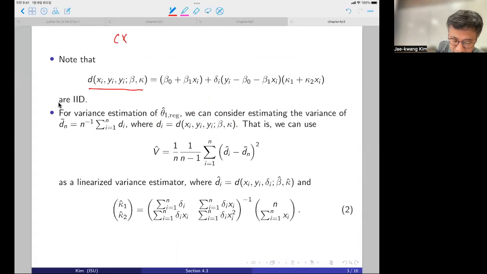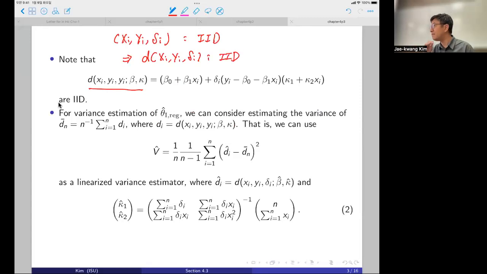Because the assumption is this vector itself is an IID vector, so any function of the vector should be IID.